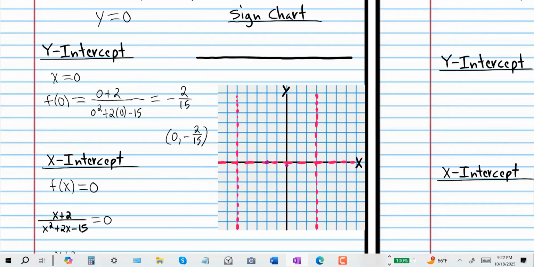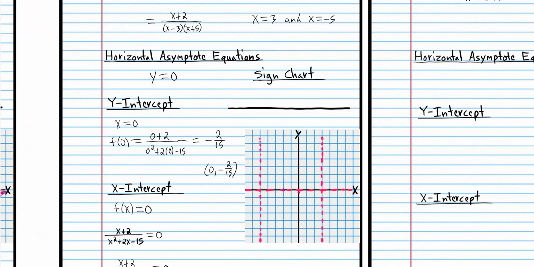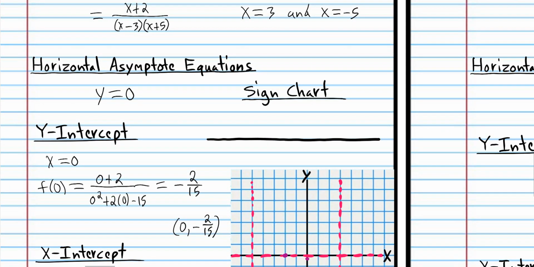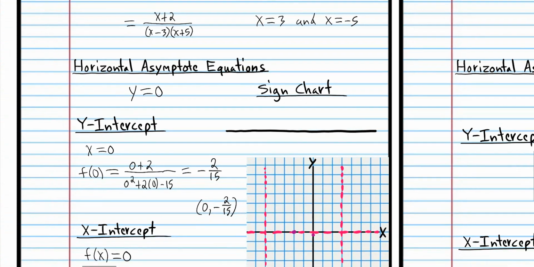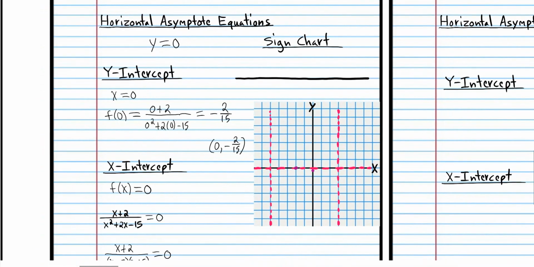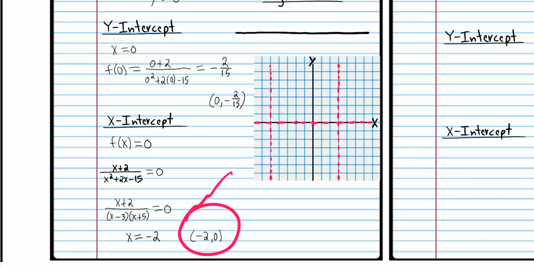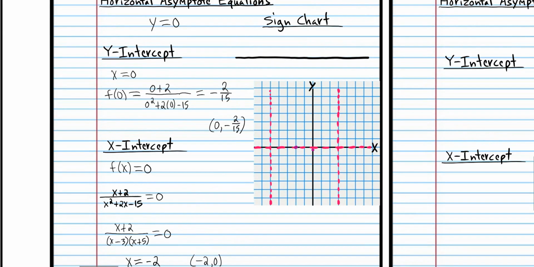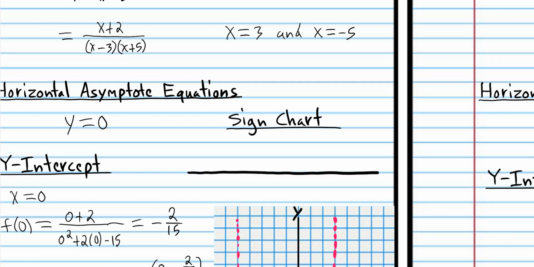Okay, so now let's do a sign chart. We're going to mark our vertical asymptotes, but we're also going to mark our x-intercept. In the problems that we did before, we didn't have an x-intercept, but now we do. So we have -5, and we have -2, and somewhere over here we have 3. It doesn't really matter if your spacing is correct on the number line.